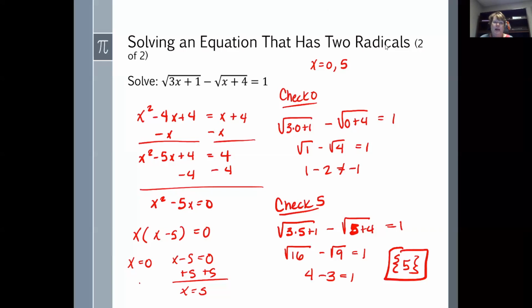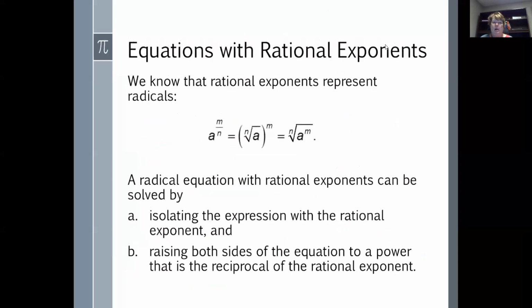The next type of equation we're going to solve are equations that contain rational exponents. By definition, if you have something raised to an exponent that's rational, a fraction, you can evaluate that exponent one of two ways.